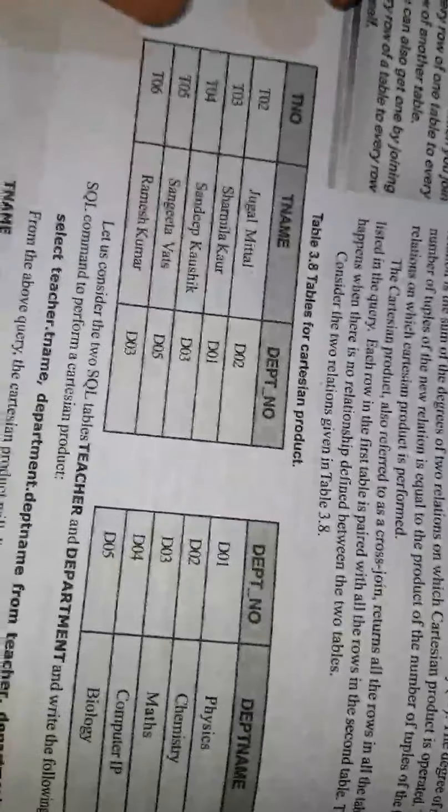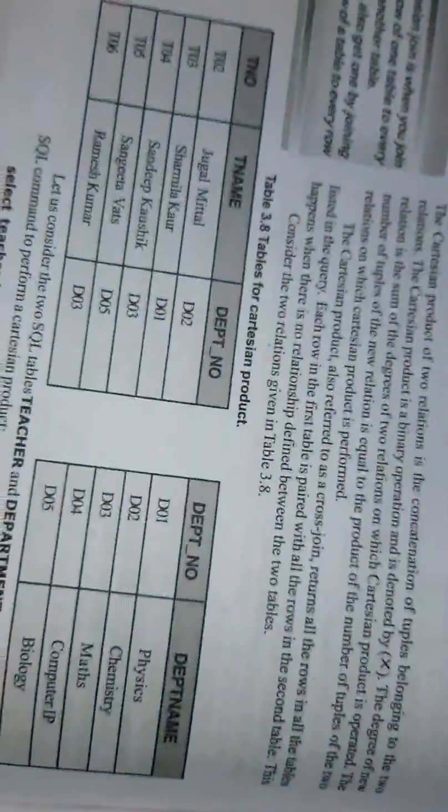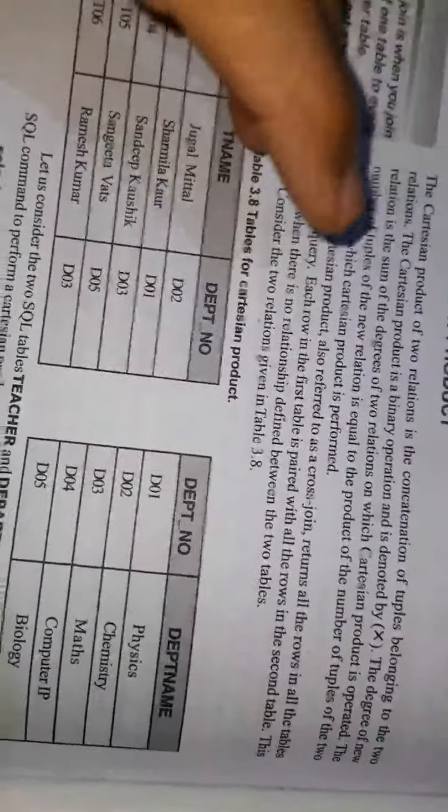All the rows in the first table will be multiplied with all the rows in the second table. Like you have 5 rows here and 5 rows here, so that is 5 into 5, 25. So altogether when you combine these two tables using this Cartesian product, you will have a total of 25 rows.